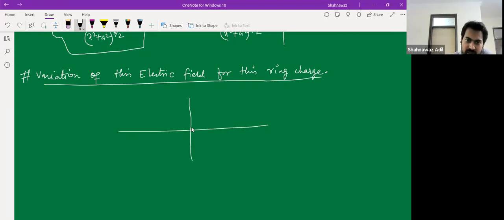First it increases, then it decreases. So this is the variation, where this is X and this is E.